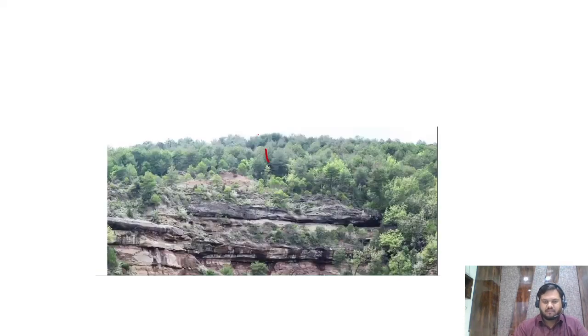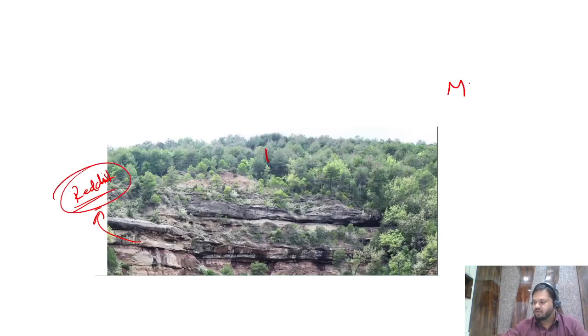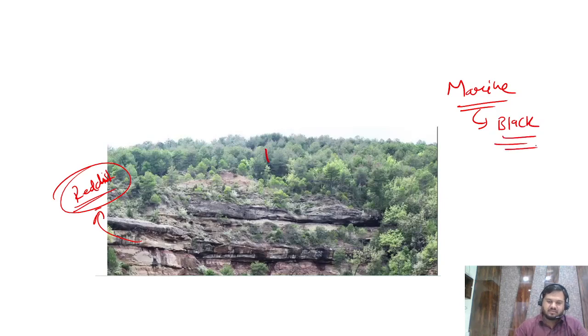Because you can see this reddish color. If it is a terrestrial deposition, it generally has a reddish color because of oxidation. The marine facies generally are black, very dark. So this is one example you can see.